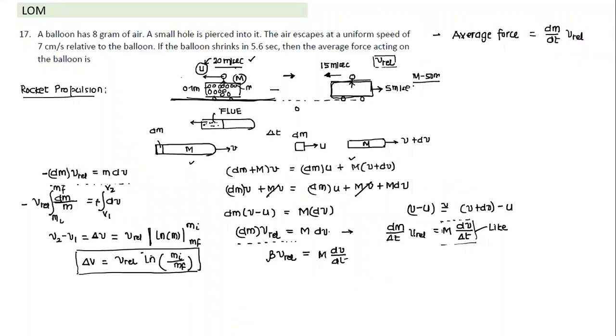This whole expression is dm by dt into relative velocity. So what is the rate at which mass is escaping? Since the rate at which air escapes is constant, you can write it as delta m by delta t into relative velocity. So all terms are given. What is the mass here? 8 grams. Delta m is 8 into 10 to the power minus 3, in how much time? In 5.6 seconds.